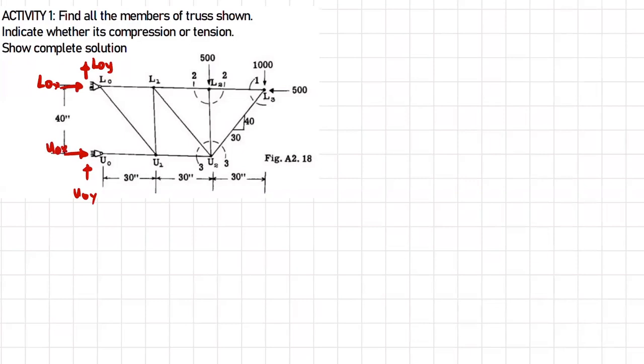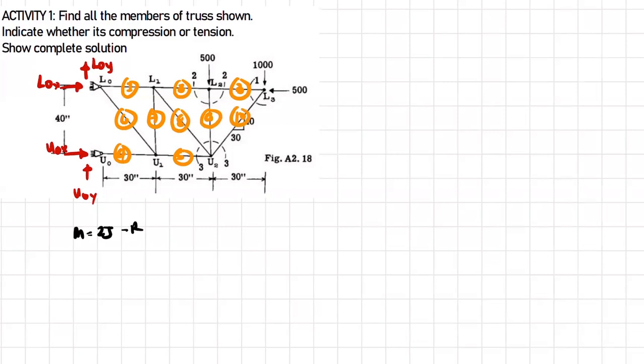to know if it is statically determinate or indeterminate. We have the equation M is equal to 2J minus R. And we have members: member 1, 2, 3, 4, 5, 6, 7, 8, 9, and then 10.